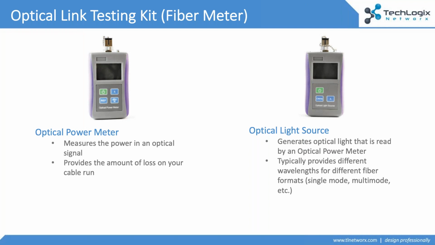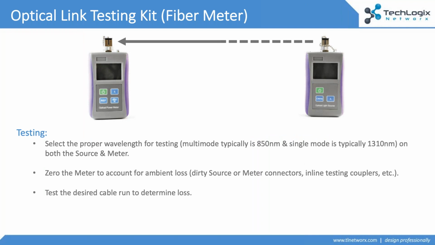Basically what they do is you have a light source, which is going to generate your waves of light. And there's really two different wavelengths you're dealing with. A lot of these meters are flexible enough to bounce between single mode and multimode.